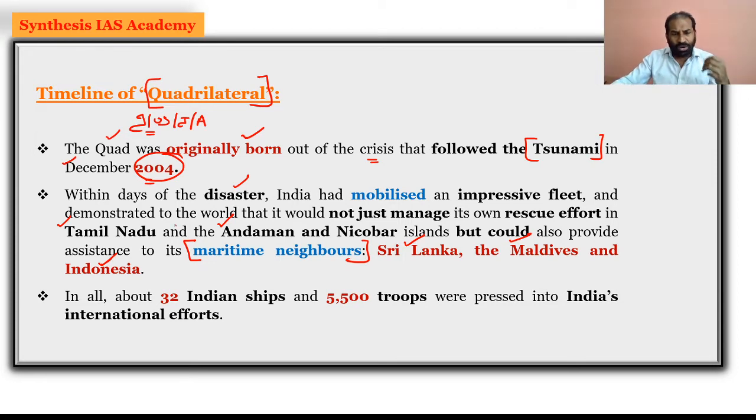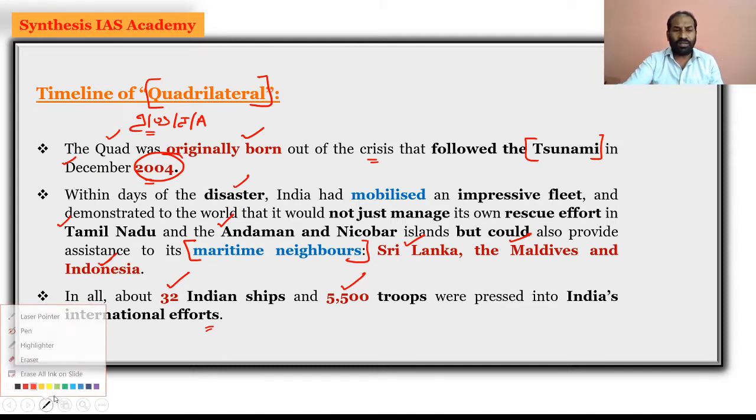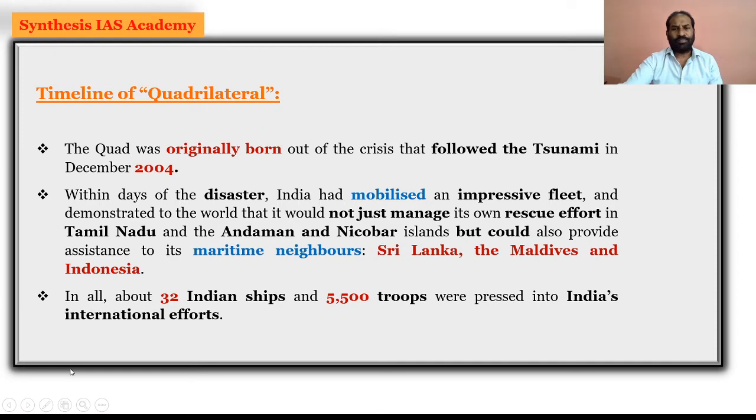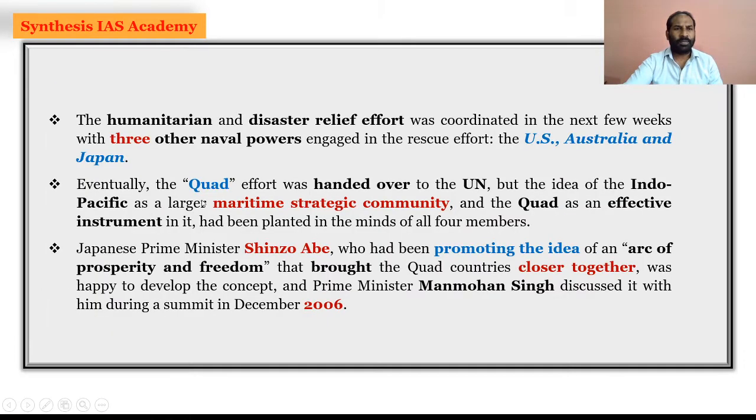In all, there were 32 Indian ships and 5,500 troops pressed into service by India to make sure that the disaster response efforts for the tsunami were successful.